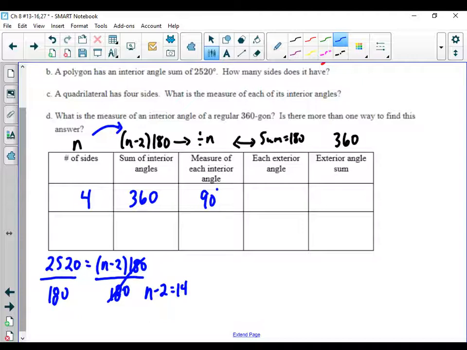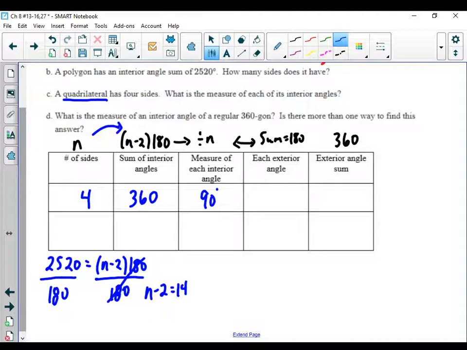Then I look at part D. Let me backtrack to part C for a second. I actually made a mistake on this one because all they told me was this was a quadrilateral. They didn't tell me it was a regular quadrilateral or a square. So actually, part of this information I could not find.